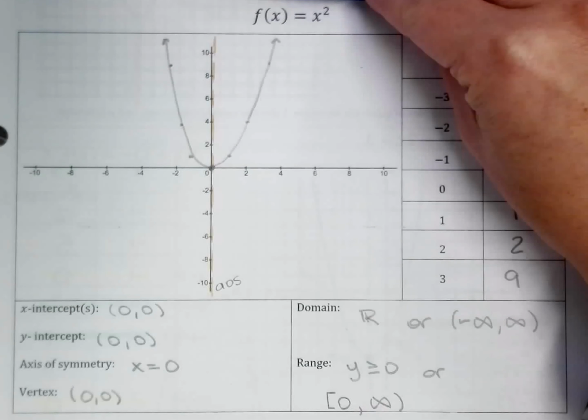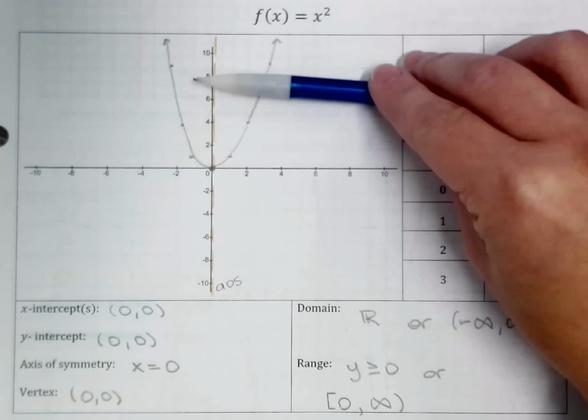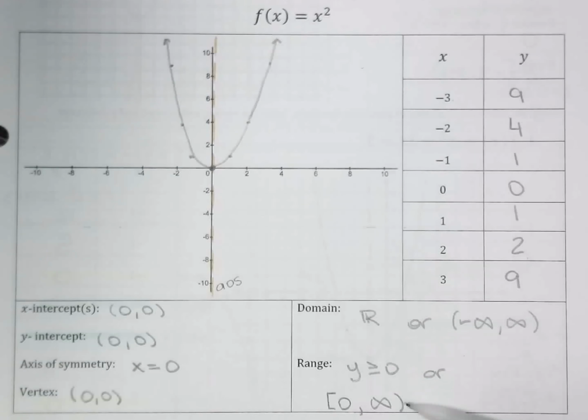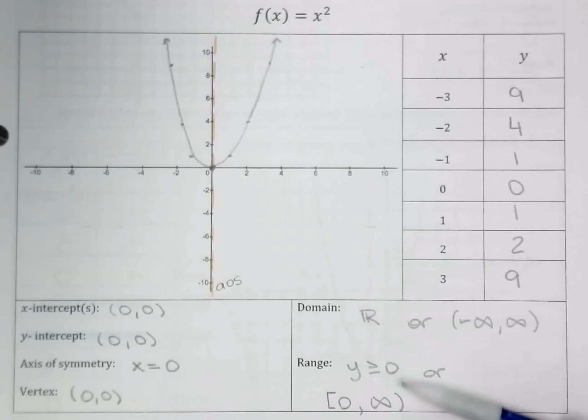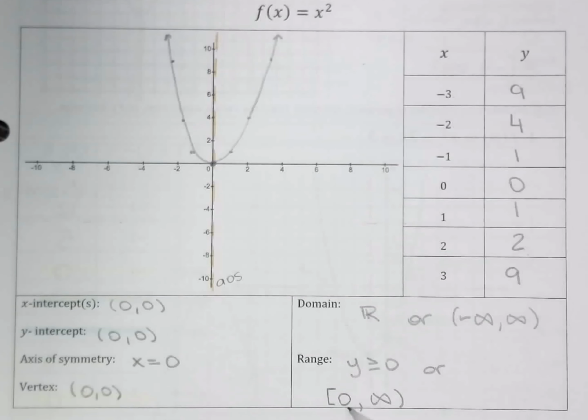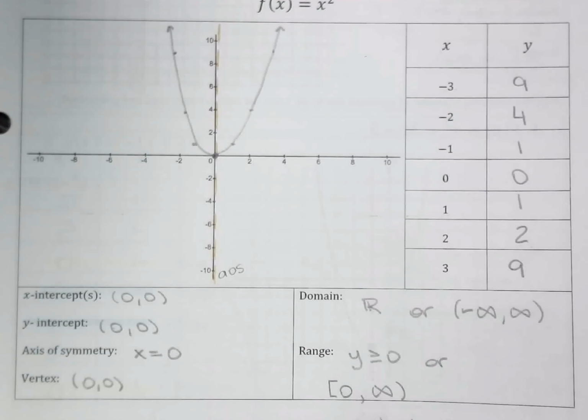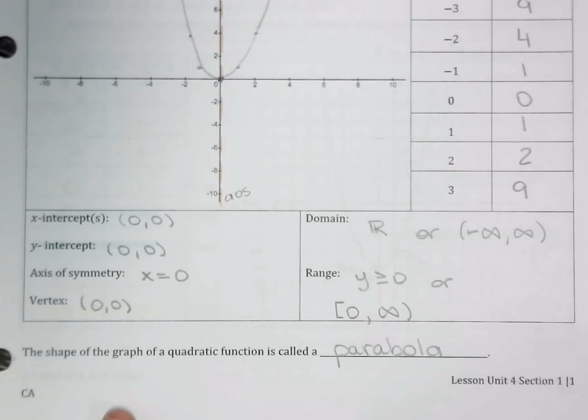So y starts right there, +infinity, and it goes all the way down to 0. It doesn't pass 0. So for you to write either as inequality or as interval notation, that's what I have right there for you. So it's from 0, inclusive, up to +infinity, exclusive. The shape of the graph of the quadratic function is called a parabola.